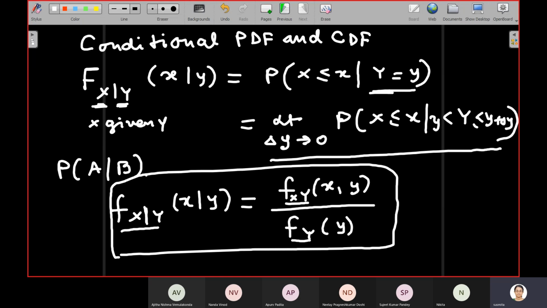So if we are conditioning x on y, then we need to divide the joint PDF by the marginal PDF or individual PDF of y. Okay. So this is called x given y. It is also called x conditioned on y.